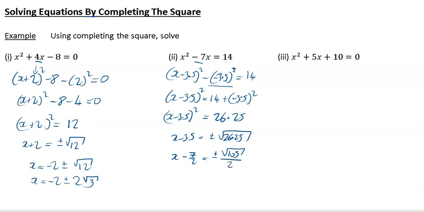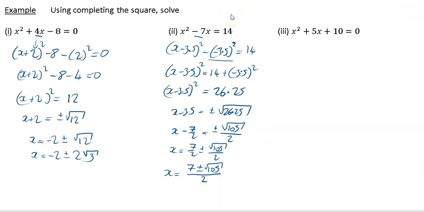So just as 105 is being square rooted, the 2 is not being square rooted. That means if you bring this minus 7 over 2 across, you'll have 7 over 2 plus or minus the square root of 105 all over 2. And you can write that a nice way as 7 plus or minus the square root of 105, just by taking common denominator, then it's all over 2.